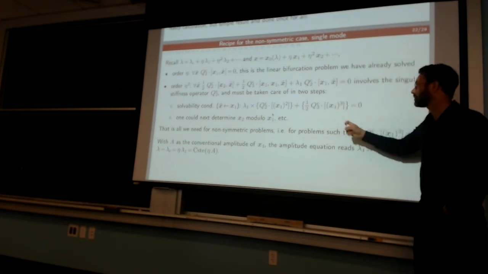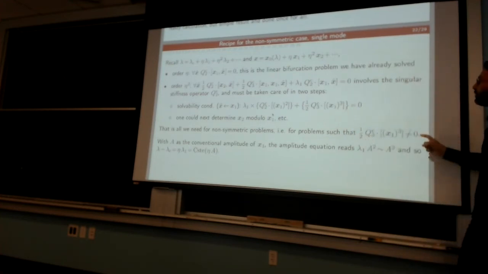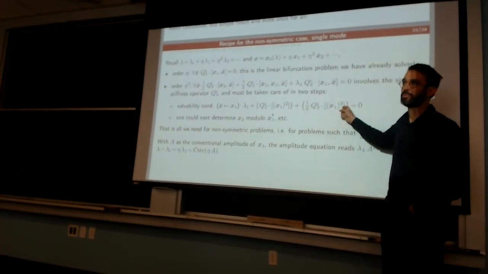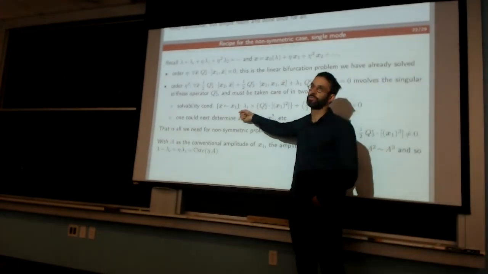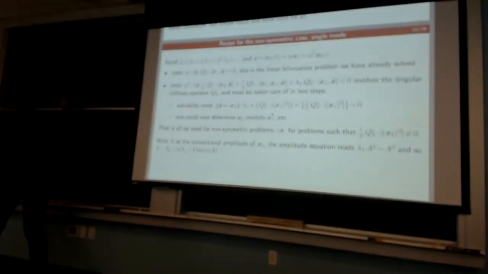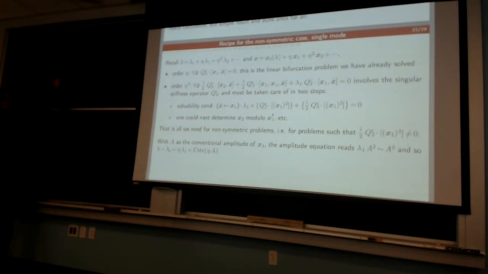So that's usually what we should do. There's only one problem. When this cancels, you find lambda 1 equals 0. So that's not very useful as a tangent. Well, it tells you that there's a vertical tangent. And that's usually the sign that we are doing a symmetric bifurcation, and that the bifurcated branch is like a parabola. In that case, we are interested in calculating the next term in the expansion, which is lambda 2.